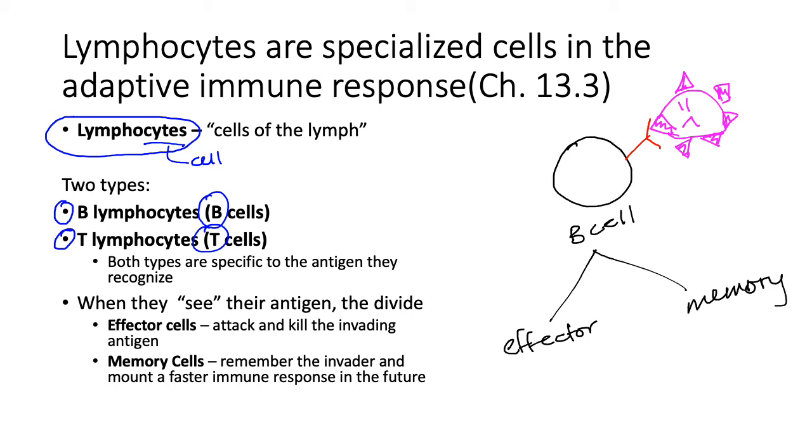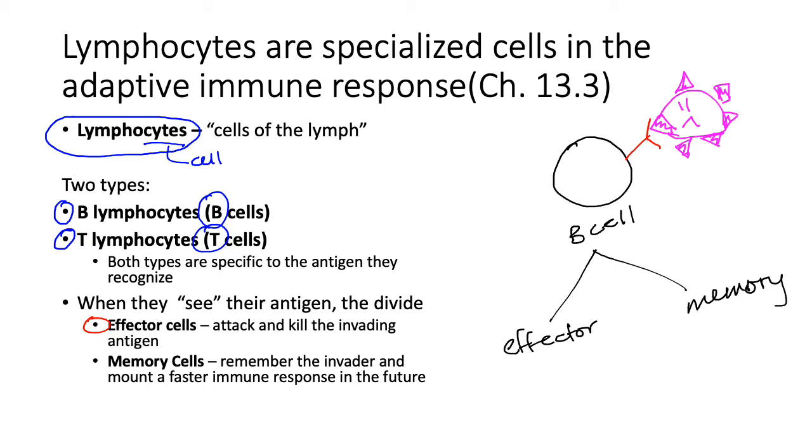The effector cells, you can think, cause an effect in the body, and specifically those cells find bacteria and destroy them. So those really mount a defense against these invading pathogens.